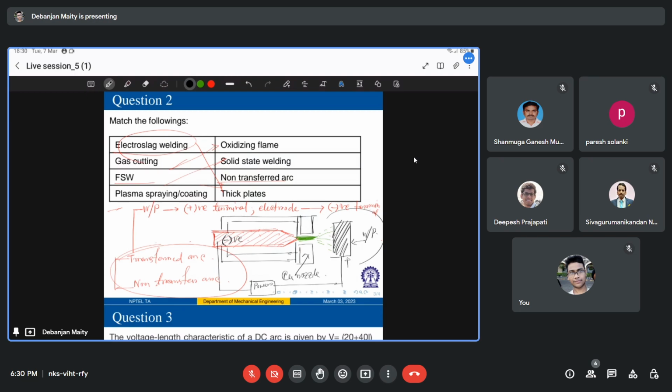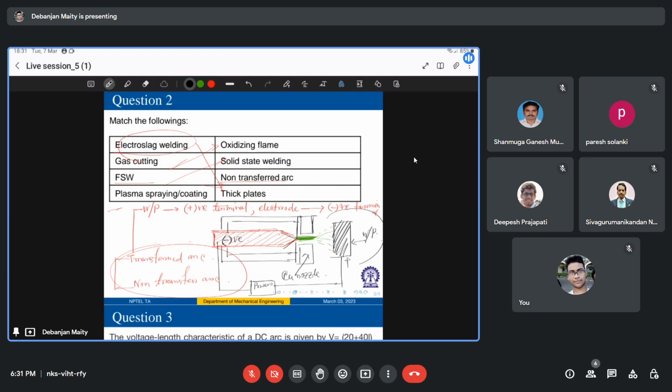So in transferred arc, as I was saying, it is difficult to establish the arc directly between this electrode and workpiece because of the higher amount of gap. In between this electrode and workpiece, there is a huge gap, like 5 to 10 mm, right? So an auxiliary arc is established between this electrode and nozzle at the beginning of the work for a very short period.